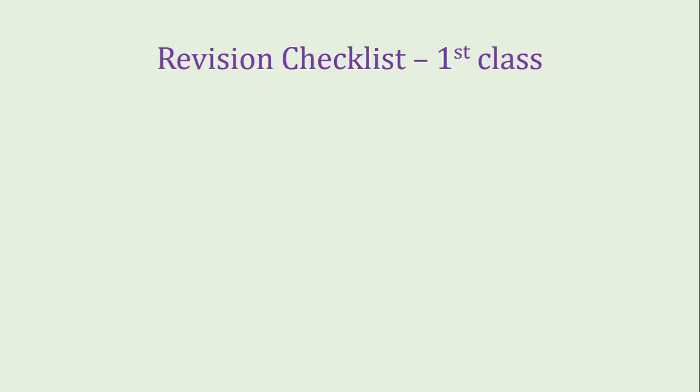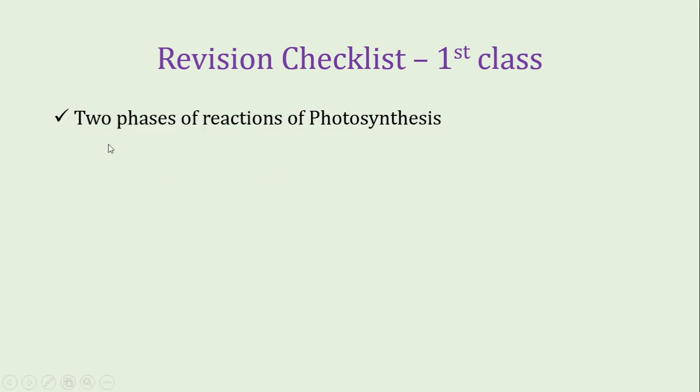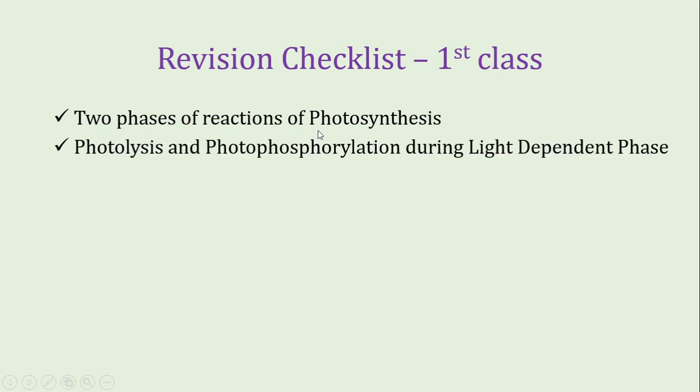So at the end of today's class, what we have learned, let's revise. We have understood the 2 phases of reactions in photosynthesis: light dependent phase and light independent phase. During the light dependent phase, a set of chemical reactions takes place, and among this set of chemical reactions, photolysis and photophosphorylation are important.